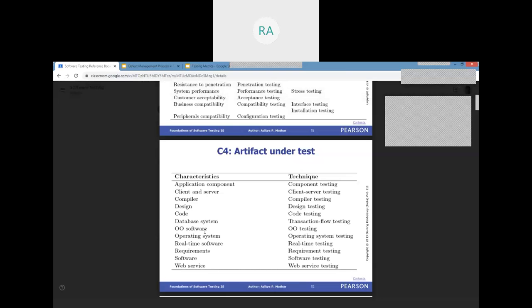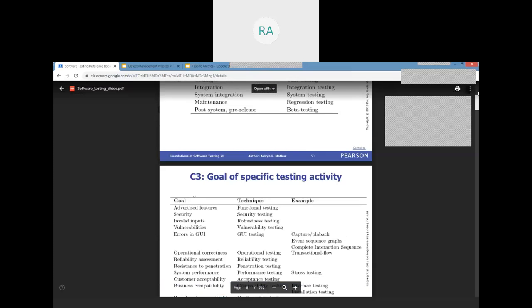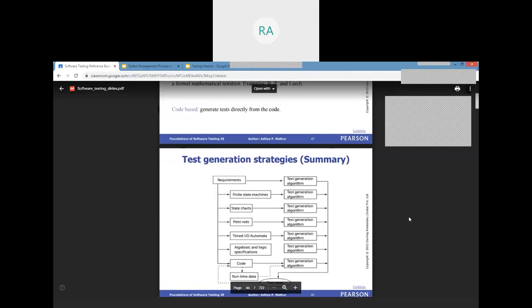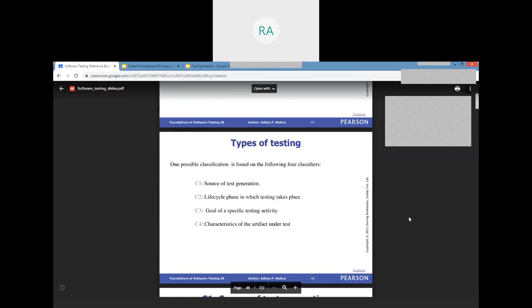One is based on the source of the requirements generation. Second is about the life cycle phase in which the testing process is being carried out. The third, C1, C2, C3, C4, four types they have come up with: the third is about the objectives of this testing activity, and the fourth category is about the characteristics of the artifact which is under test.